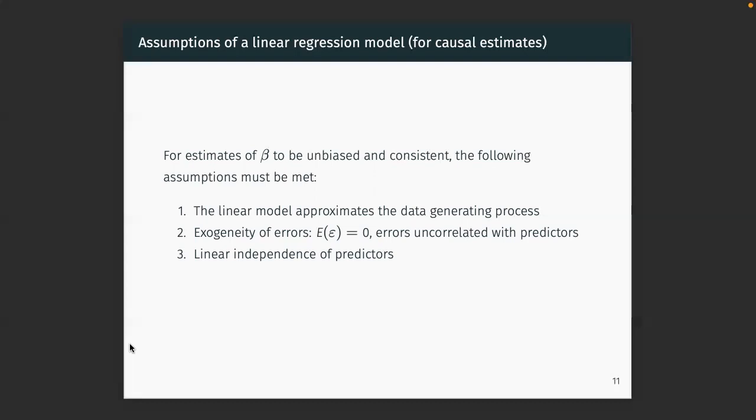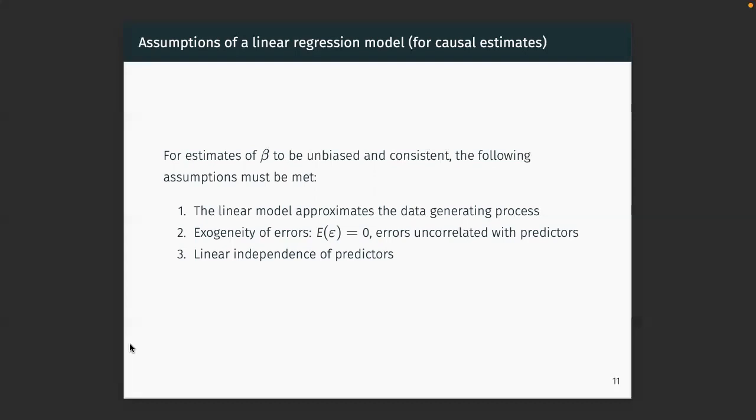So if I write a regression equation where I say income equals beta 0 plus beta 1 education plus beta 2 parents income.